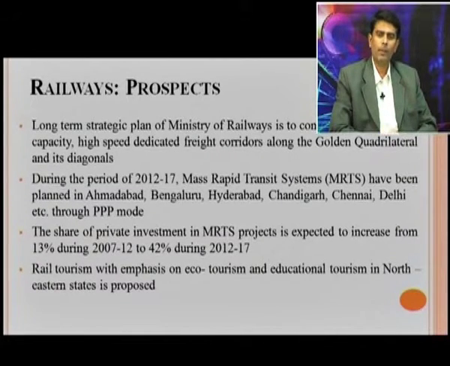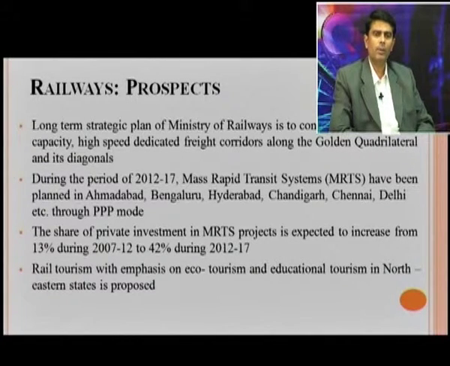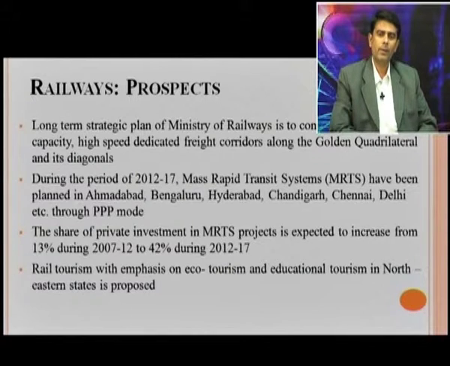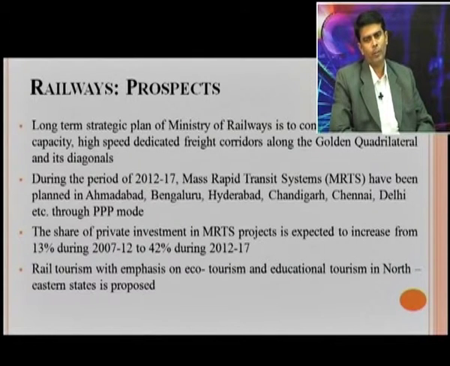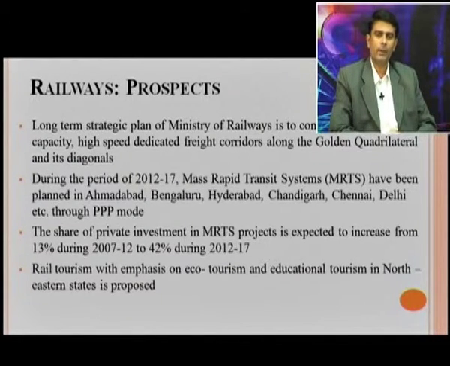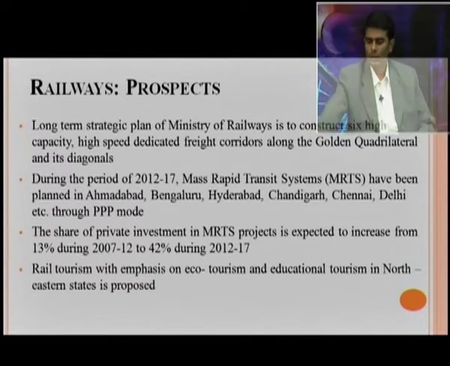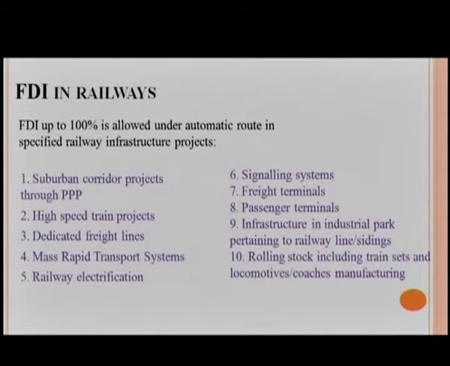The share of private investment in MRTS projects is expected to increase from 13% during 2012 to 42% during 2012-17. Rail tourism with emphasis on ecotourism and educational tourism in northeastern states is also proposed.